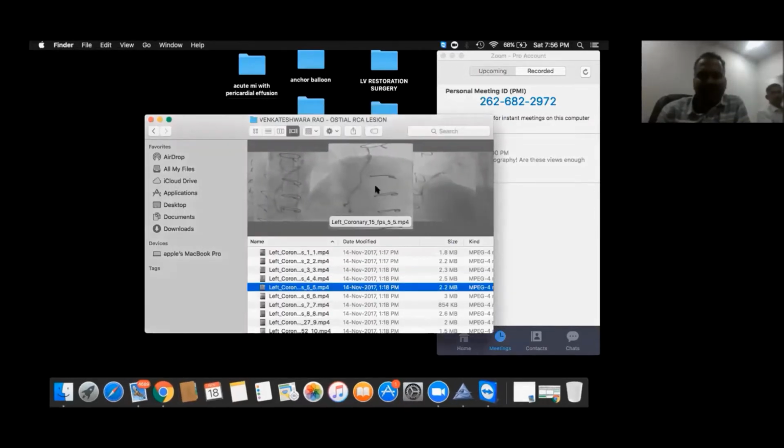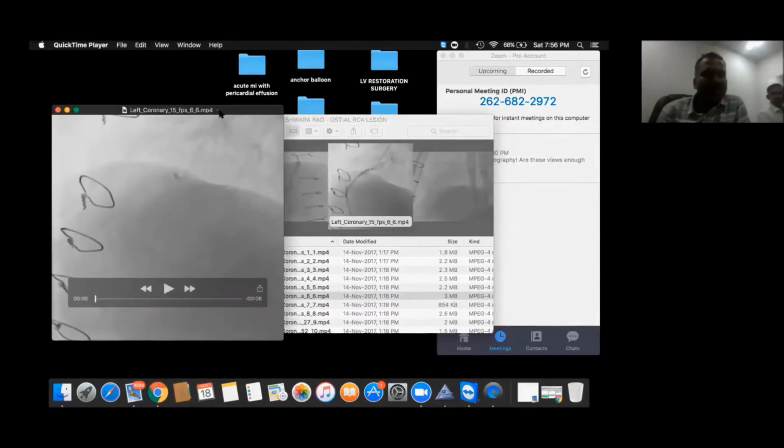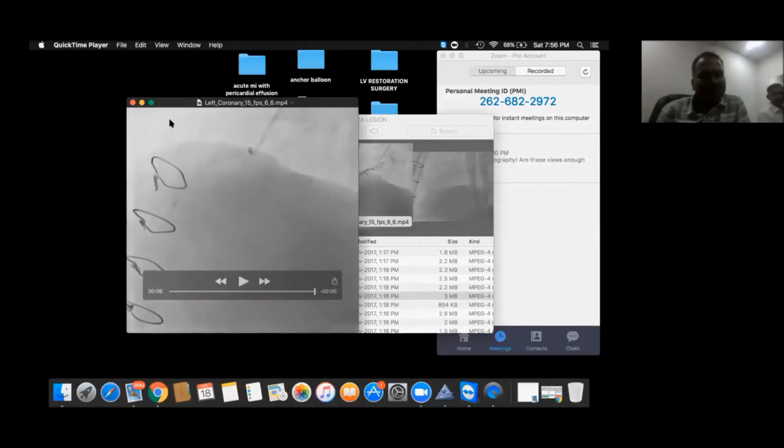In this case, I have done FFR, because there was a difference of opinion from cardiologists in my place. FFR was significant for this patient, less than 0.70. You can see here. After FFR, I did IVUS also.